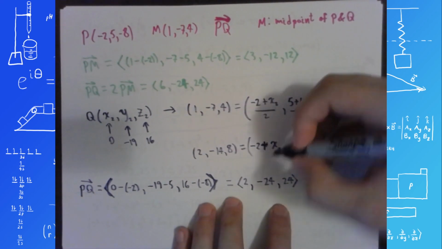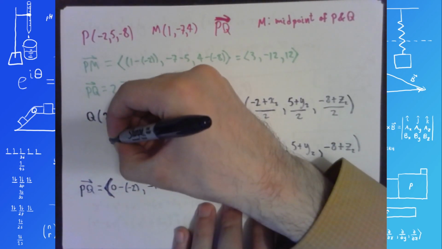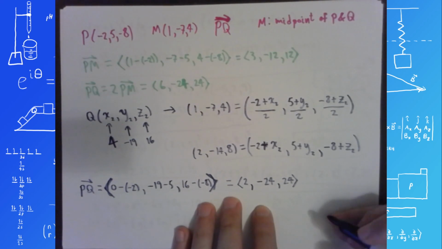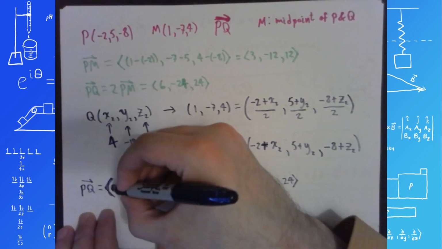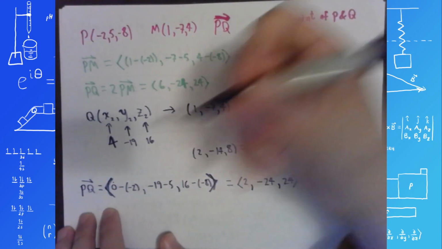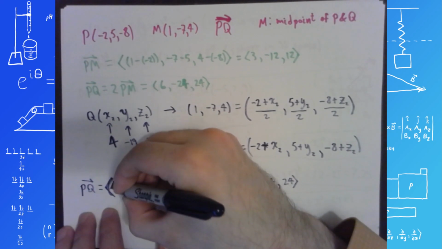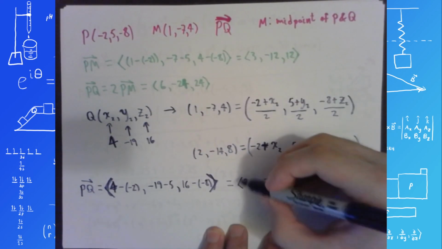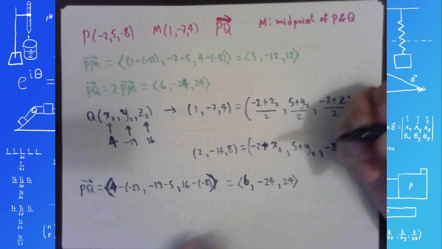Okay, x2 has to be 4, not 0. And then 4 minus negative 2 is equal to 6. Okay, that fixes it.